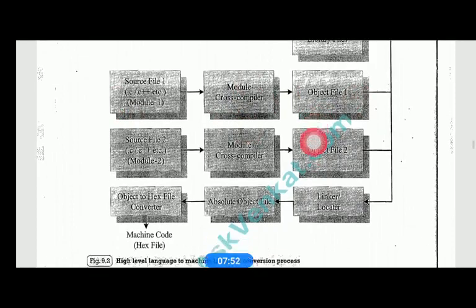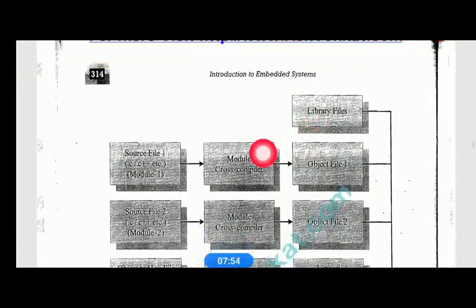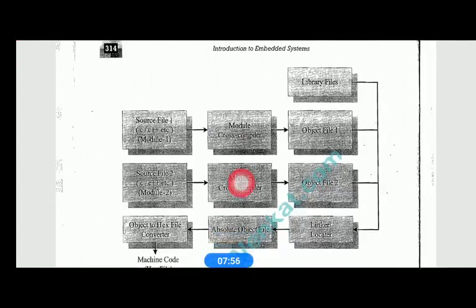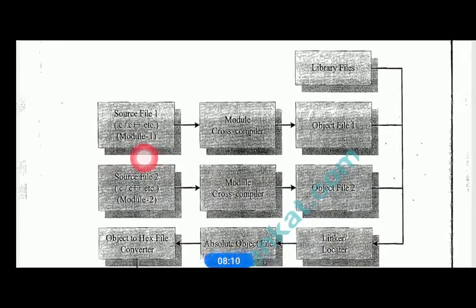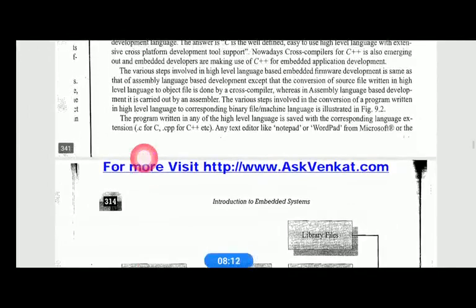It is the same as what you saw in the assembly level language, where we use an assembler, but for the high level language we use a cross compiler. In many embedded systems the program is written in the form of modules, right? It is modular programming, meaning several programs we write and take as one module.